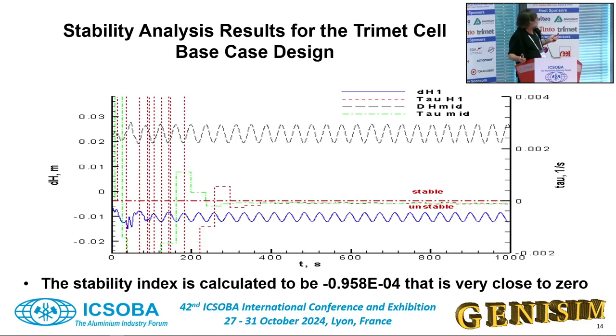So you get this critical stability. So this is something new that was introduced here. It is the stability index. And in this case, it is very close to 0, because we calibrated the model to be critically stable in that condition.